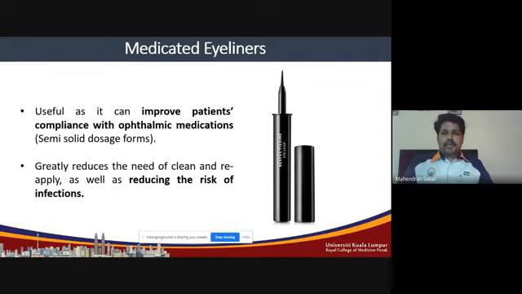Normally when you put eye drops or any kind of eye ointment, we apply it using our fingers, which may give some kind of infection as well. So this medicated eyeliner can reduce the risk of infections.